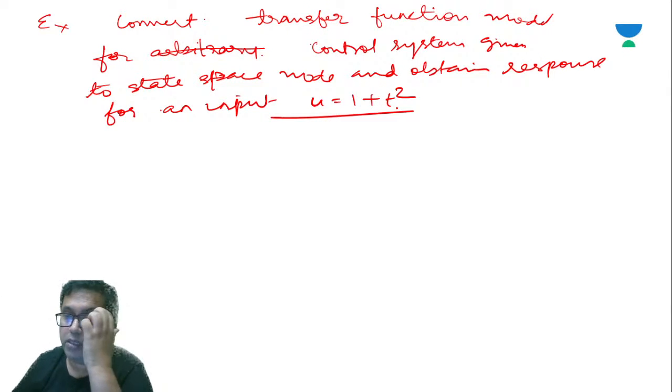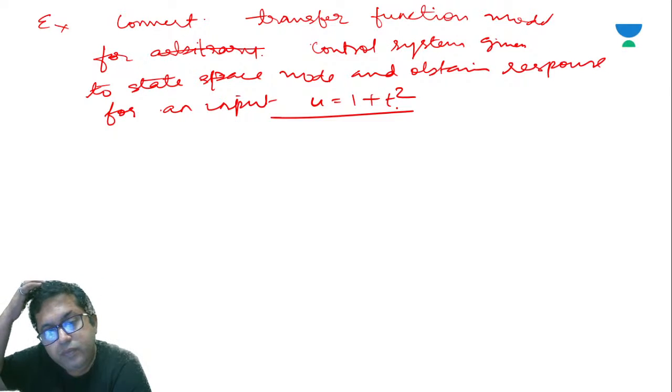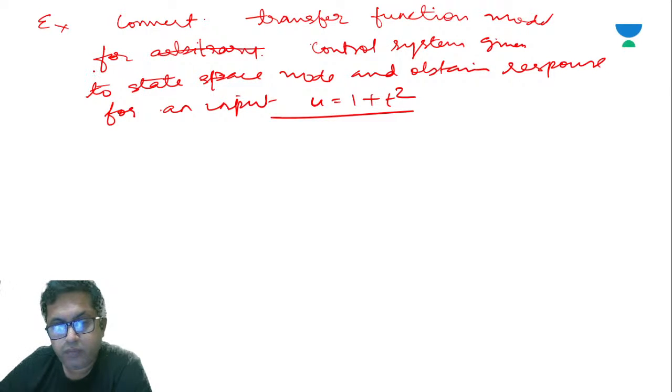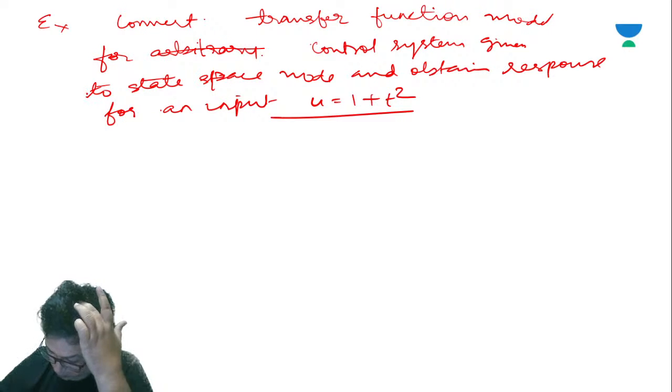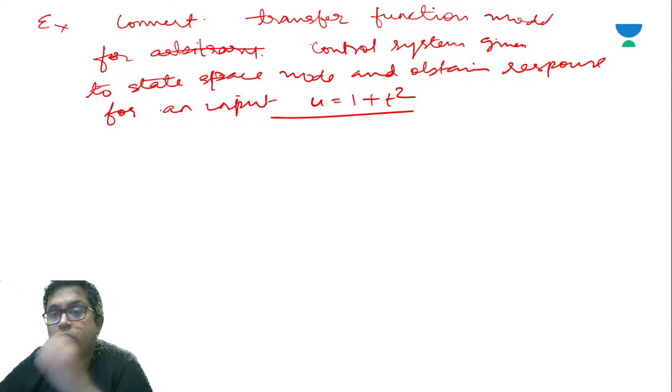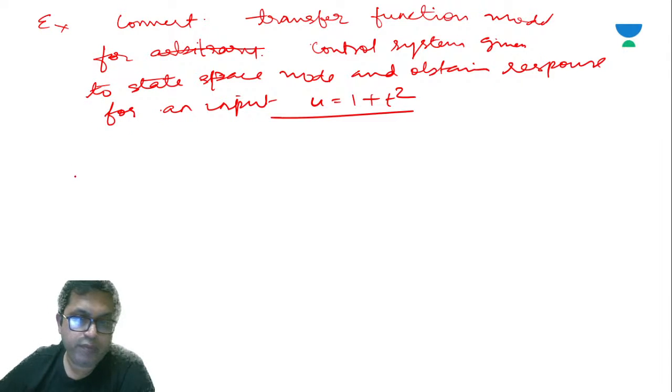One plus t square. U equal to 1 plus t square. Okay.